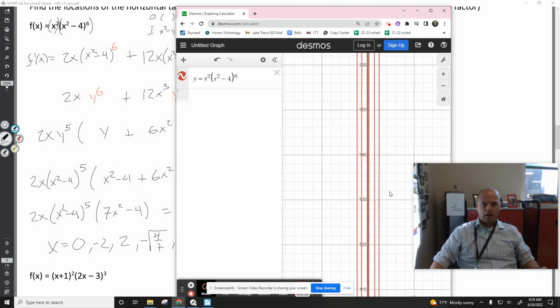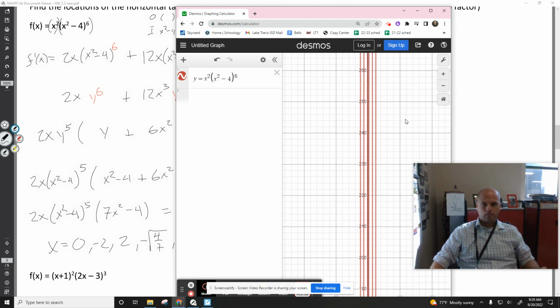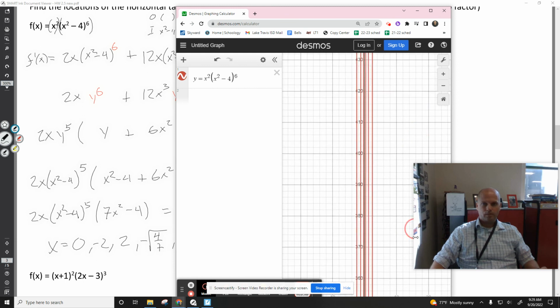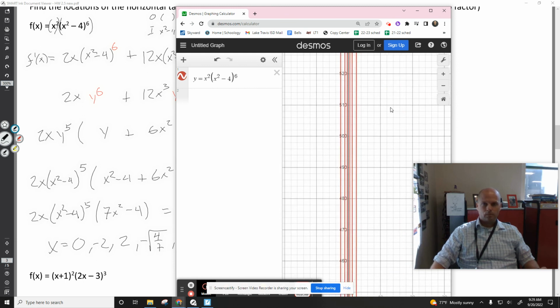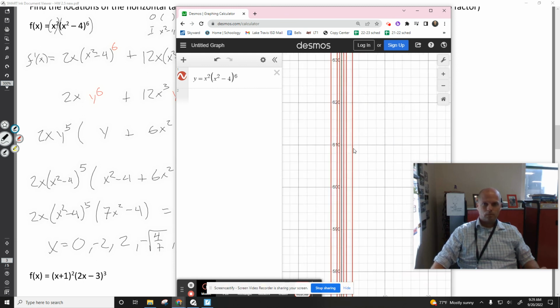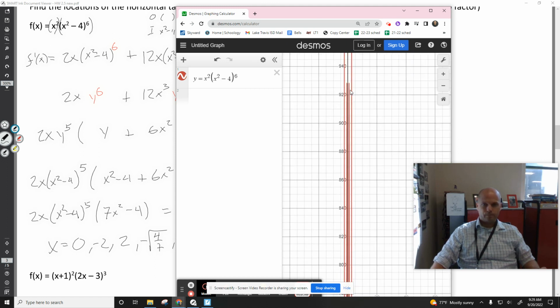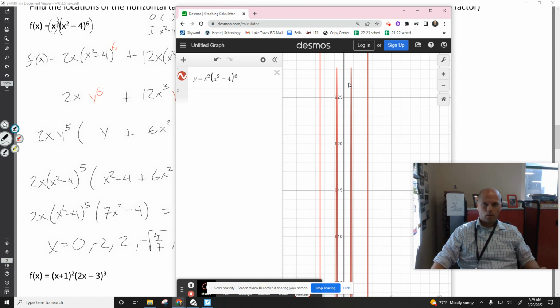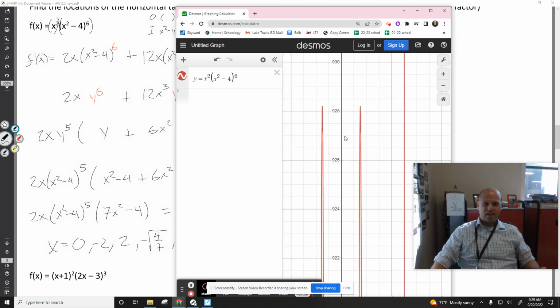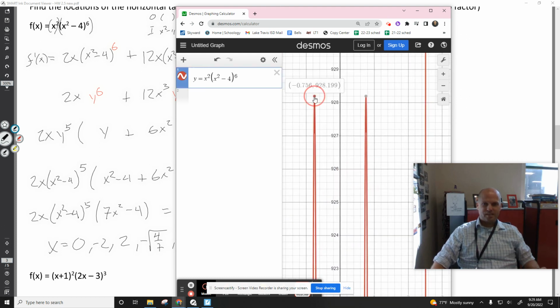Okay, we're increasing a lot in between things. Okay, there we go. I got a horizontal tangent here and here. This, negative 0.576. This, positive 0.576.